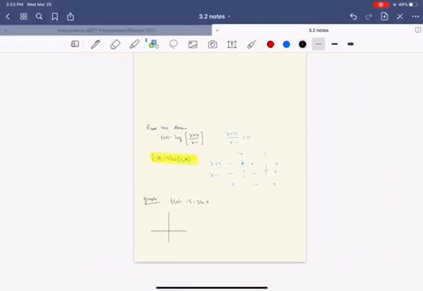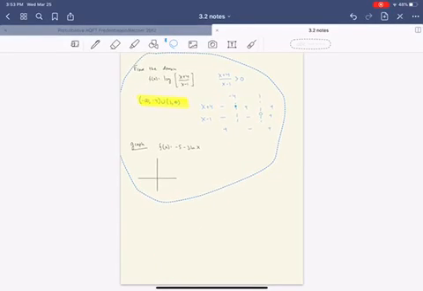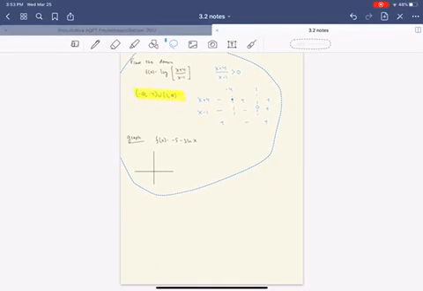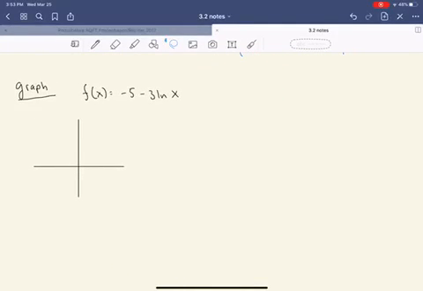Running out of space already. Oh, that's because for whatever reason I'm halfway through the page. So let's move that up. Okay, so graphing 5 minus 3 natural log of x.